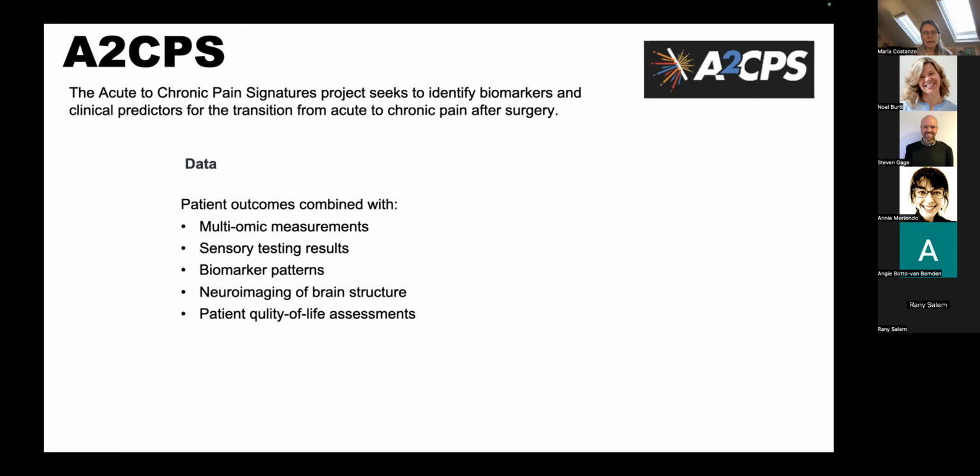So they are looking at patients with either knee surgery or thoracic surgery, and measuring their outcomes and doing lots of other measurements on them, like multiomics. They're also testing their pain sensitivity and things like that, looking at their biomarkers and doing neuroimaging of their brains. So this should give a lot of data along with the patient outcomes of whether they did transition to chronic pain, and that should be very illuminating.